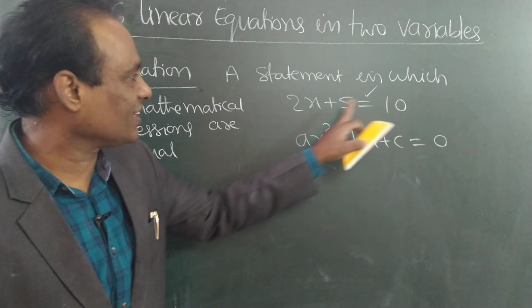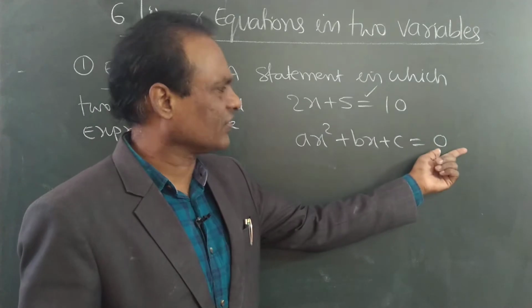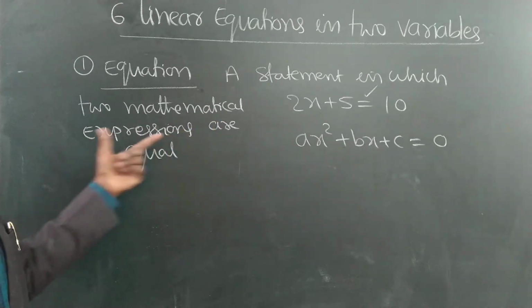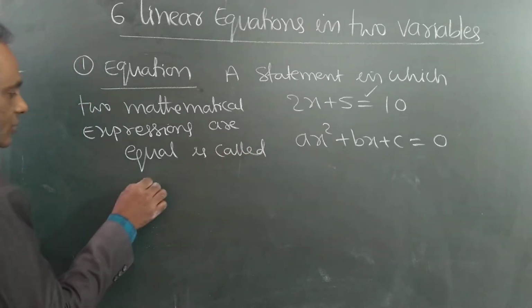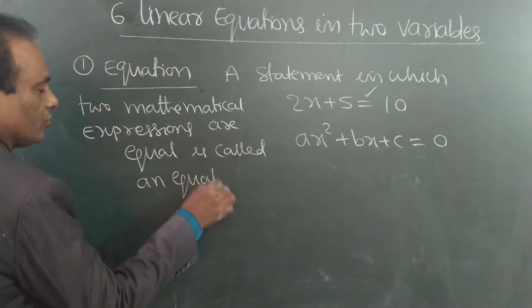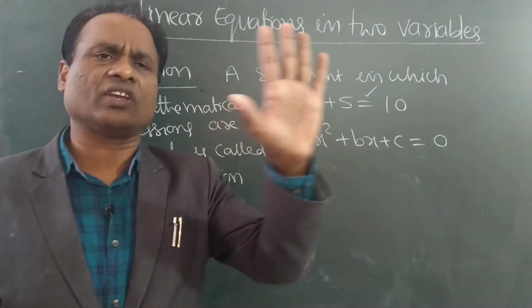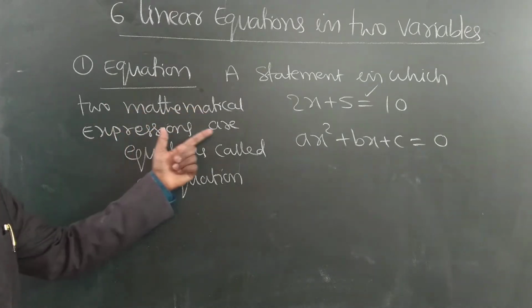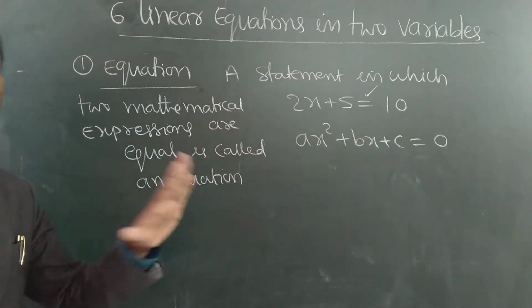This is one expression, this is another expression, both are equal. Even if it is 0 also, we call this one expression, this is another expression, both are equal. So a statement in which two mathematical expressions are equal is called an equation. Equation means nothing special. Whenever there is an equal symbol, it is an equation, that's all.